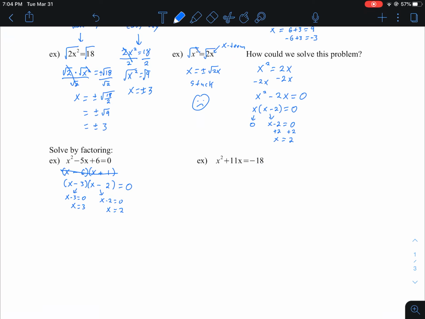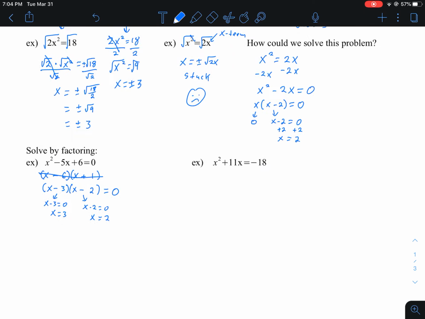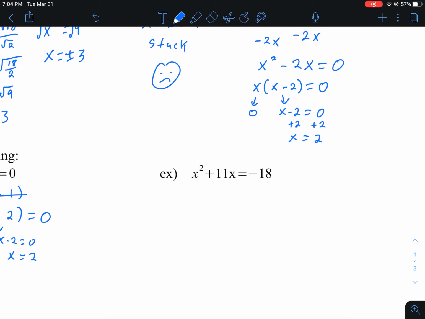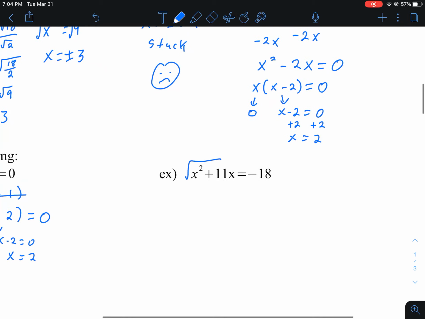So when you solve by factoring, you want it equal to 0. So this problem, taking the square root of both sides, won't work because there's this x term. We could try taking the square root of both sides, but we'll just get stuck. So instead, we'll set it equal to 0. X squared plus 11x plus 18 equals 0.